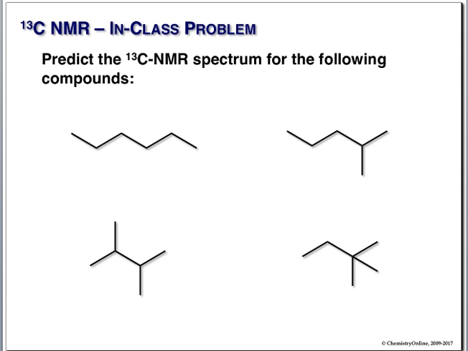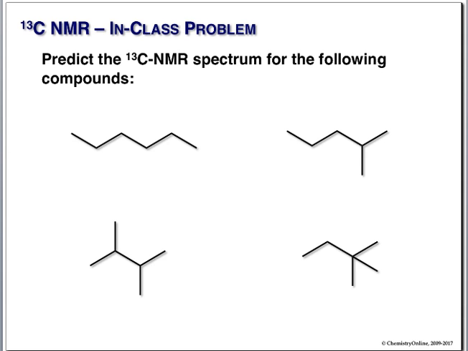Now, like I said, the first thing that you always want to do when you look at a compound for NMR is to think about symmetry. The game that we tend to play is called, how many peaks would you expect in the proton decoupled NMR for a given compound? How many unique carbons are there? So let's look at our first one here.